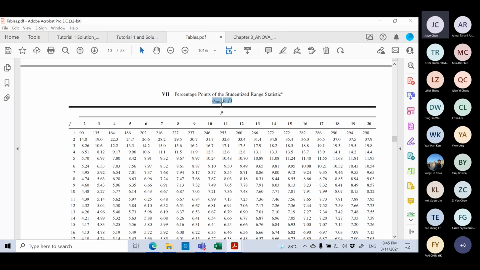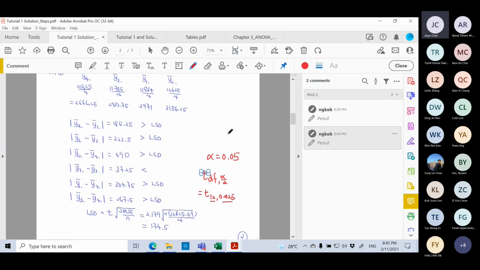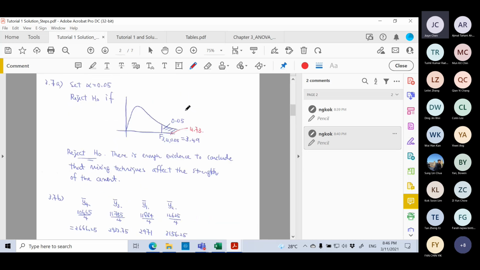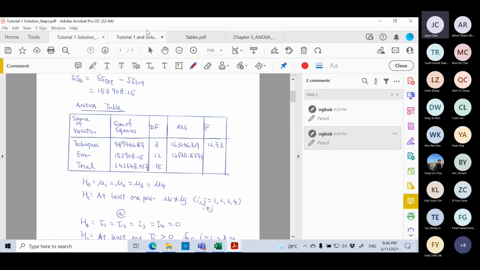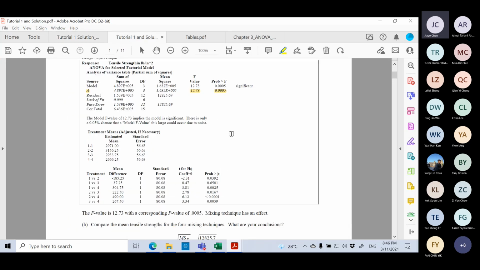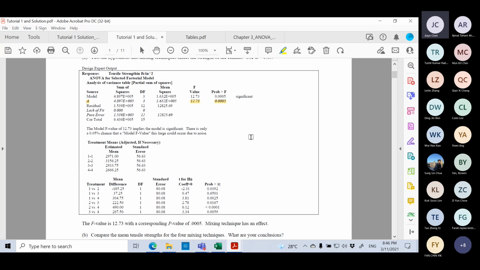Because for me, the first pair is not significant. Which test? Which answer are you referring to first? Can you go back to the table? The Minitab. So you see that the 1 versus 2, the t value they put there is minus 2.31.